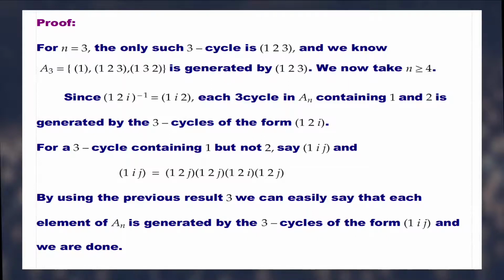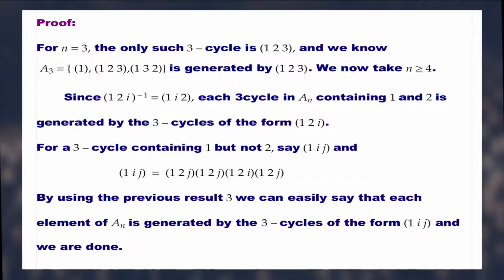We now take n greater than or equal to 4. Since ((1 2 i))^(-1) is equal to (1 i 2), each 3-cycle in A_n containing 1 and 2 is generated by the 3-cycles of the form (1 2 i).